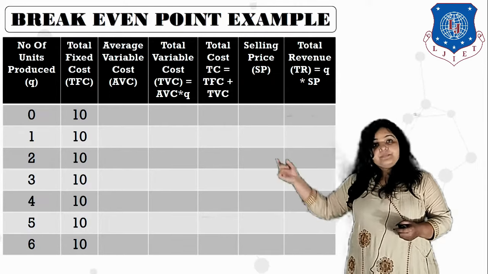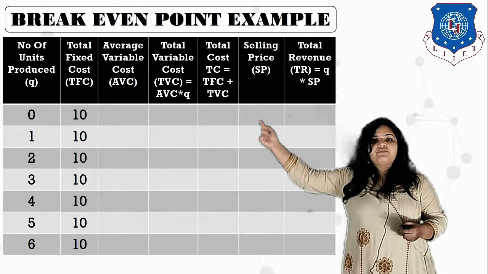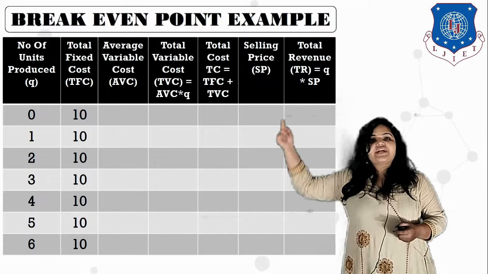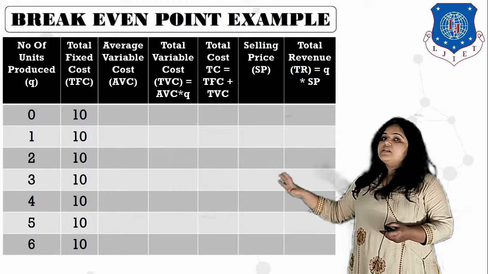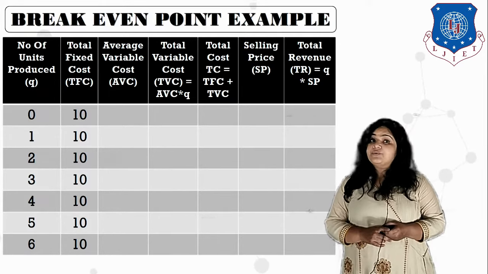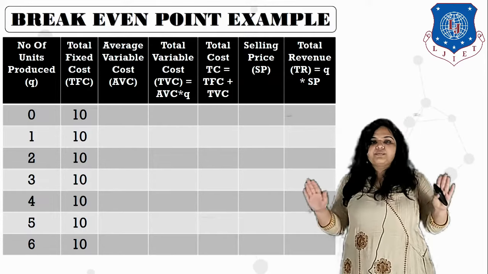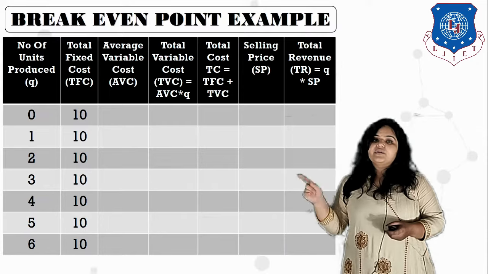So here, irrespective of the number of units produced, the total fixed cost will remain constant, which is 10 rupees. If you can view it in this table, the total fixed cost remains constant at 10 rupees. Whether I do not produce a single pencil or I produce 6 pencils, the total fixed cost is 10 rupees.